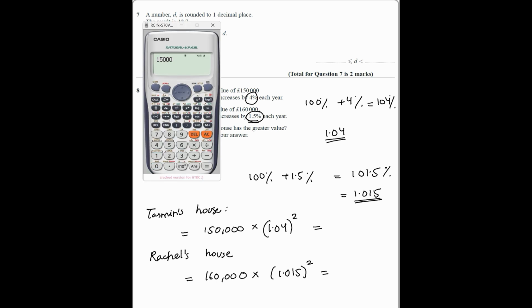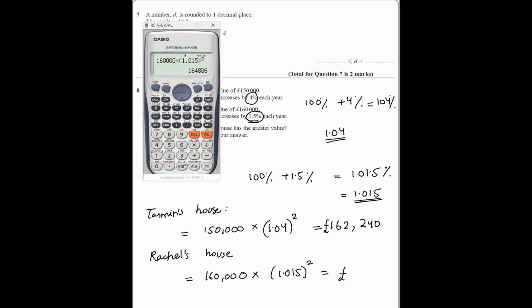150,000 times 1.04 to the power of 2 equals 162,240 pounds after 2 years. And for Rachel's house, the value would become 160,000 multiplied by 1.015 to the power of 2.